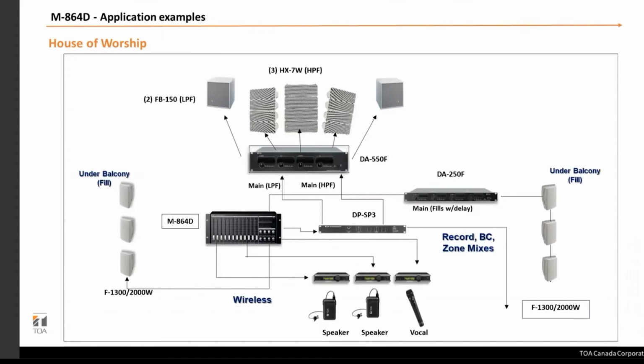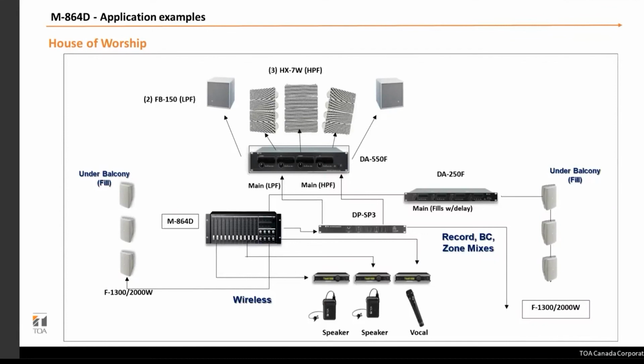Application examples for our digital mixer. Well, we have a complete diagram here illustrating the application of a house of worship. So basically, we have in this system our digital mixer M864.